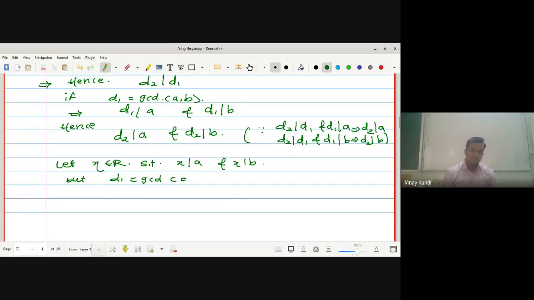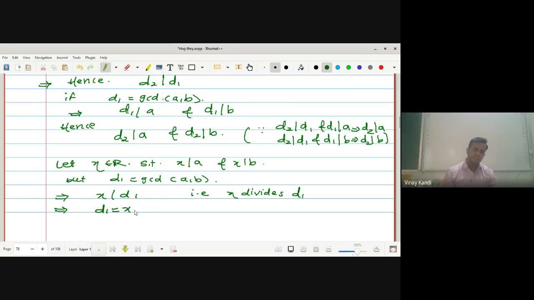GCD of A and B. Why? Given to us. D1 is the GCD of A and B. By the definition of GCD, that X must divide D1. Okay, that is X divides D1.